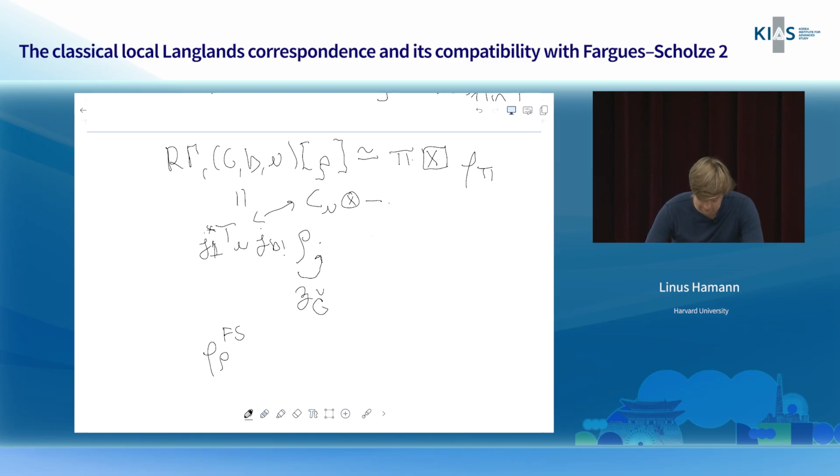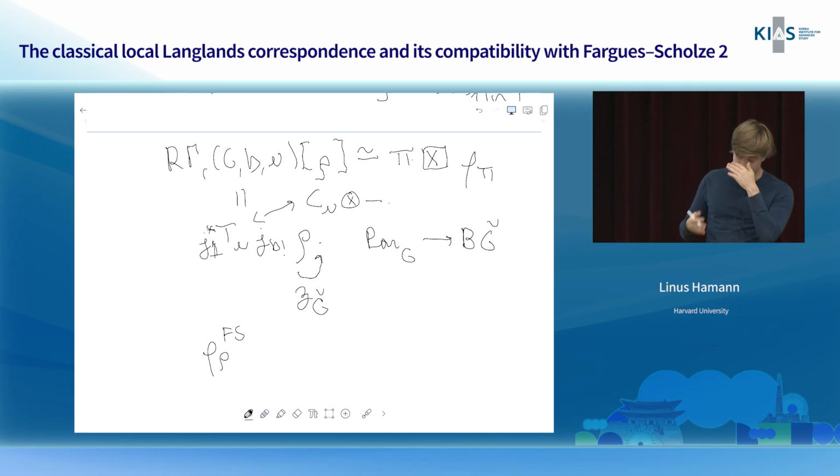This is a vector bundle on this moduli stack par G. The way it's defined is by looking at the natural map to the classifying stack BG hat, because we quotient out by G hat conjugacy. The highest weight representation defines a vector bundle on this BG hat, and then we pull it back.